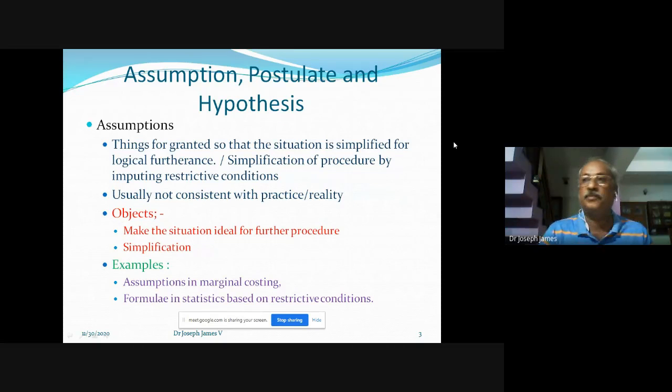And similarly, we assume that variable cost per unit remain the same. It is also not true. One of the major content of variable cost is materials. And when we make bulk purchase of materials, we can get some advantage in the form of discount.